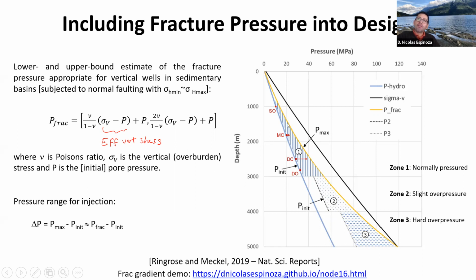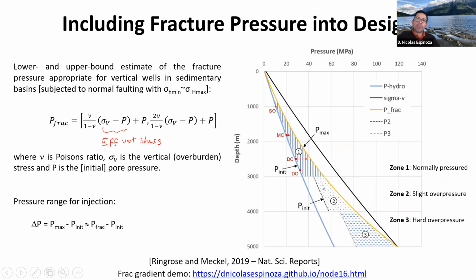So if this is your initial pore pressure, you're going to have a maximum pressure, which is going to be equivalent to the fracture gradient. The objective is not to go above that pressure, because otherwise you may go into a fracturing of the wellbore.